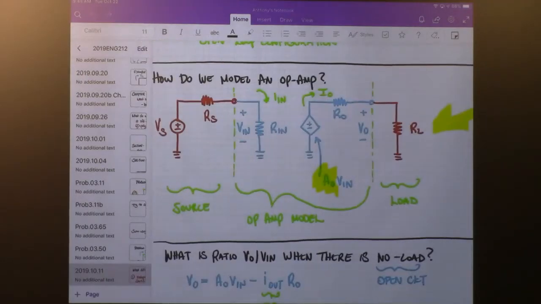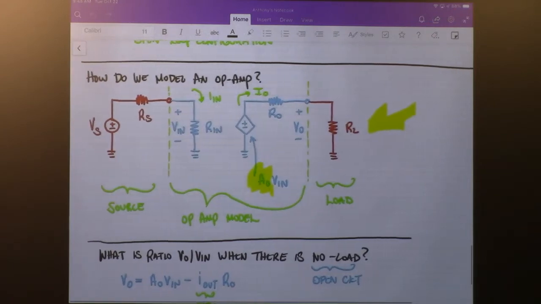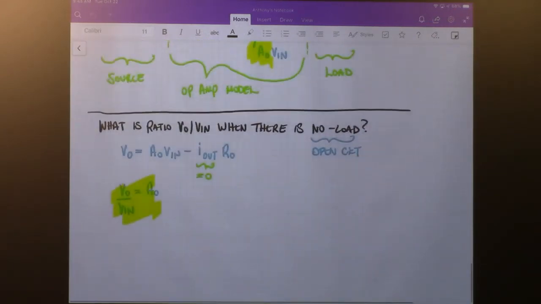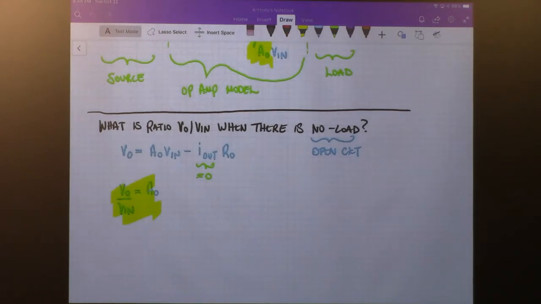Okay. So let's take a step back here. I want to write down what the assumptions are for this equation, because there's more than one assumption. One is that our R out is equal to infinity.